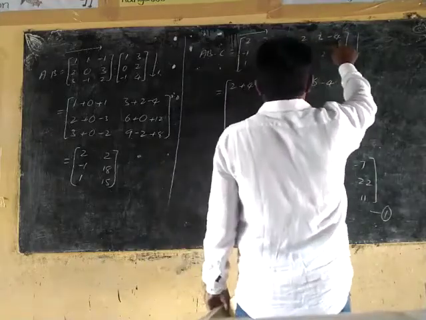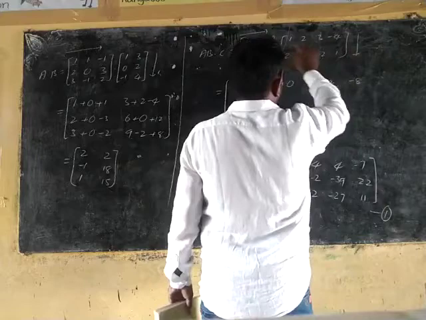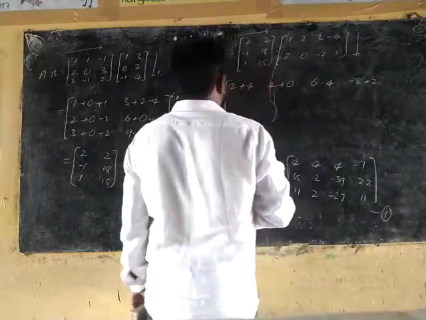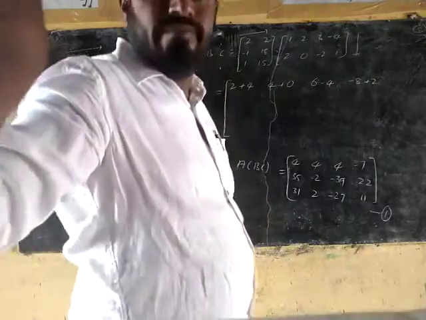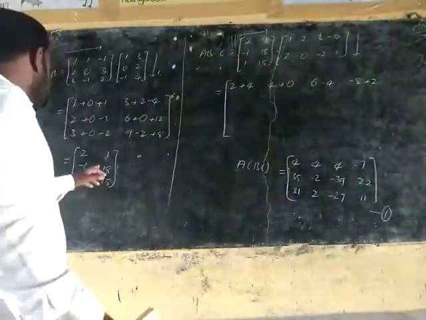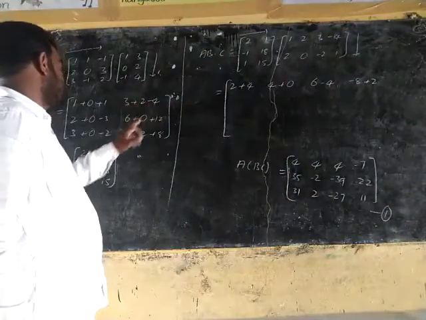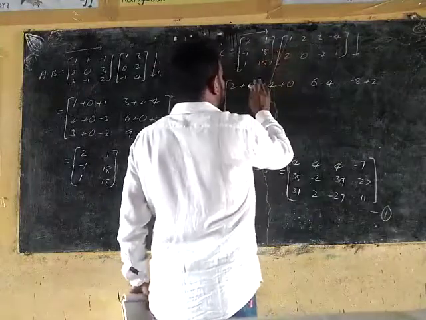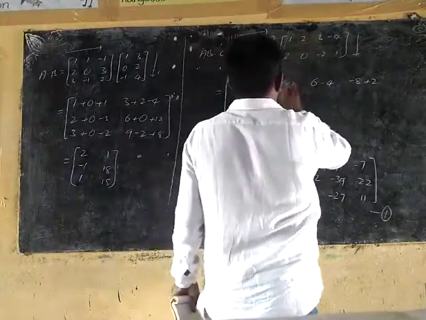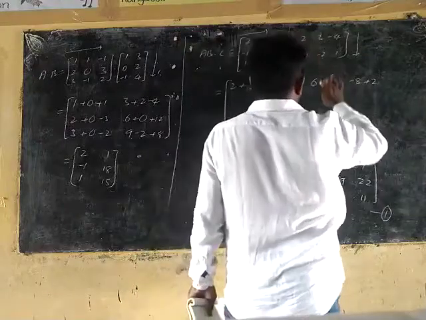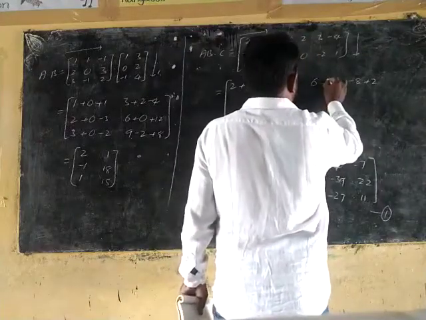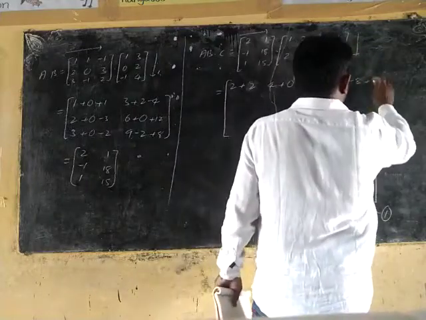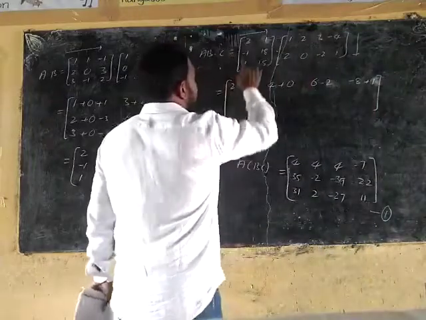Next, 2 into minus 4, minus 8. 2 into 1, 2. Here you see, 3 plus 2, 5, 5 minus 4, 1 only. So 2 into 1, 2, 1 into 2, 2. Next, 2 into 2, 4, 1 into 0, 0. 2 into 3, 6, 1 into minus 2, minus 2. 2 into minus 4, minus 8, 1 into 1, 1.